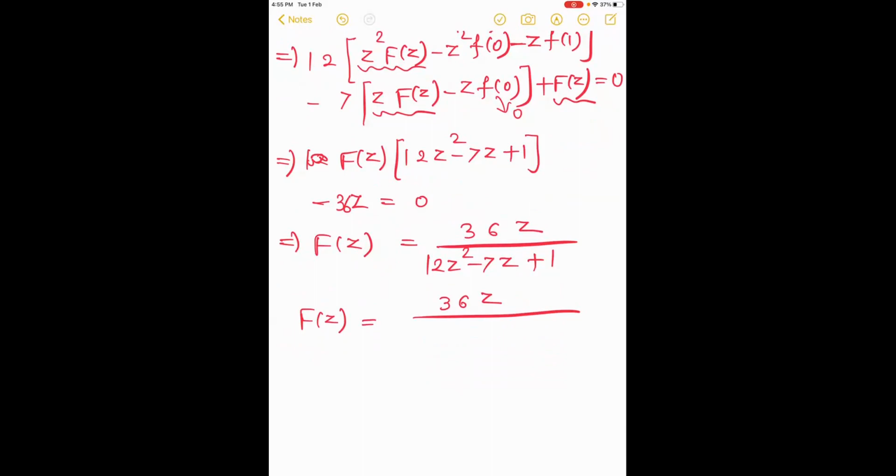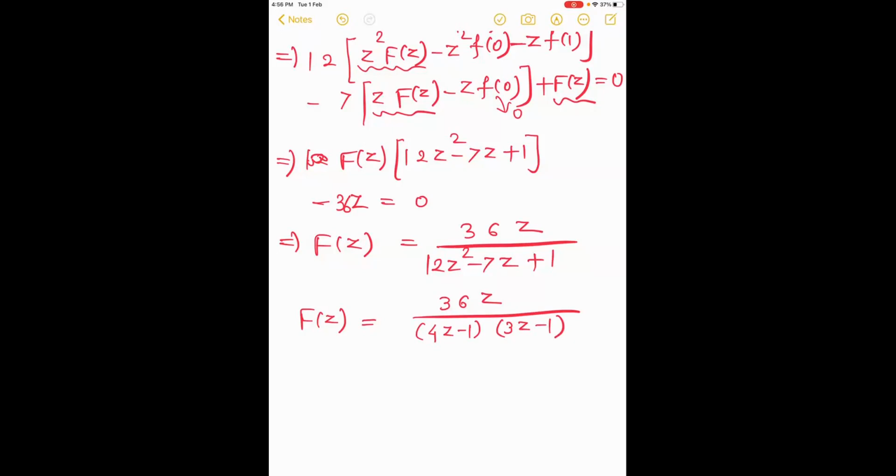You see? I want the first term 12z square. Is it correct? 4z minus 1 into 3z minus 1.